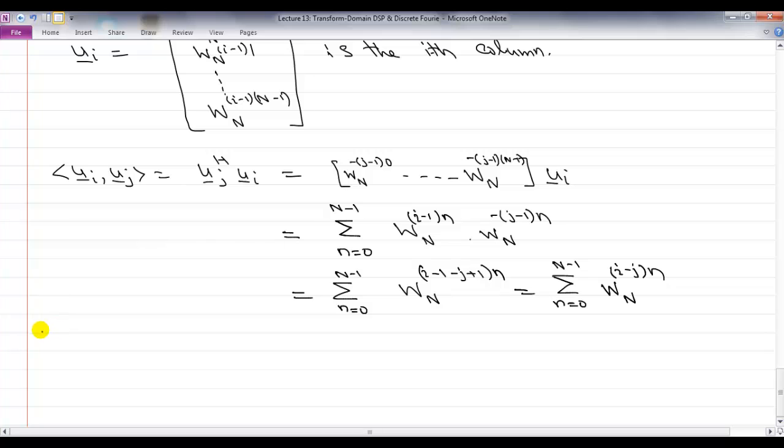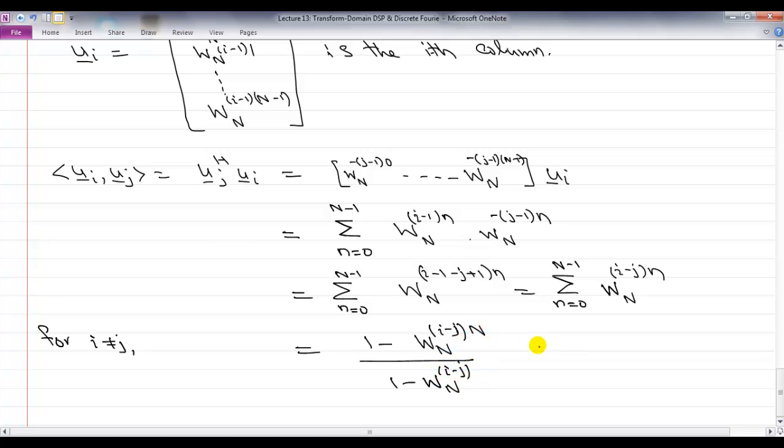Remember, we are still talking about i not equal to j, which means that this ratio is not 1. So if I apply the geometric sum formula, I get 1 minus Wn^(i-j) to the power n, over 1 minus Wn^(i-j).